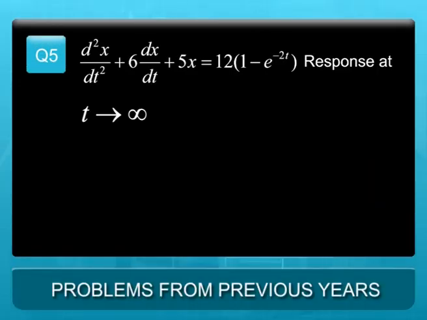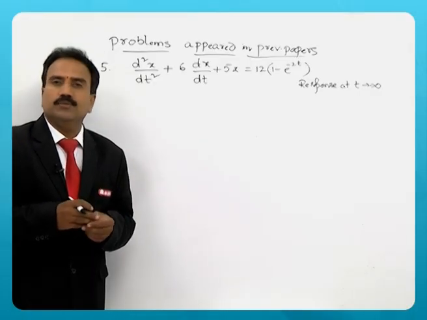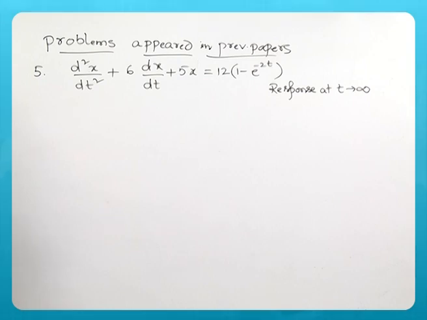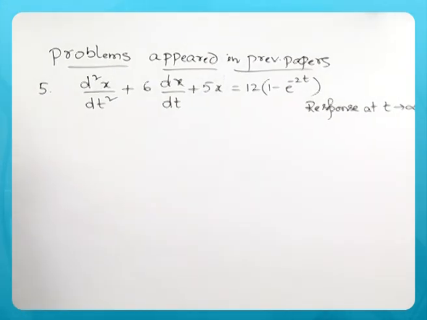The given problem is d square x by dt square plus 6 dx by dt plus 5x is equal to 12 into 1 minus e power minus 2t. For such a system, you are asked to find out the response as time tending to infinity. So, let us see how to calculate the response as time tending to infinity.